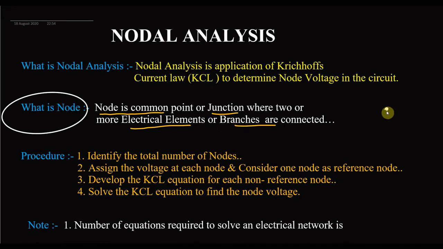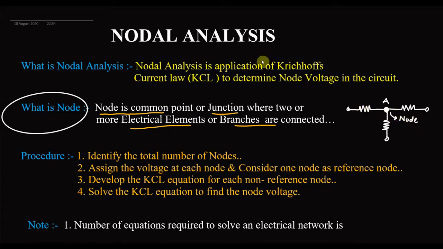If I take a simple example, I will say this point, and if we have a resistance here, another resistance here, and one resistance here. Here I have drawn three resistances, and you can see that all these three resistances are connected with the same point, and I will give the name of that point as A, and this point is actually called the node.